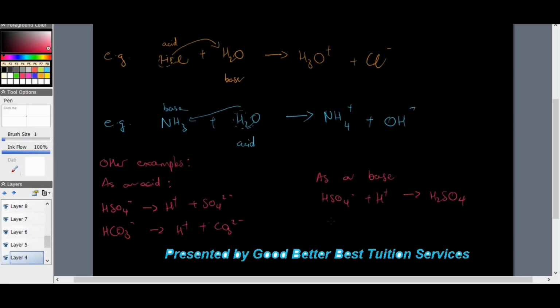And if HCO3- accepts the proton, we get, of course, H2CO3. Okay, these are also examples of ampholytes that can act as the acid or act as the base, but water is the most common ampholyte that does exist.